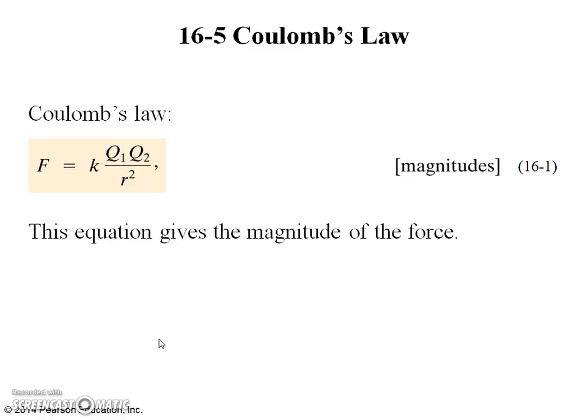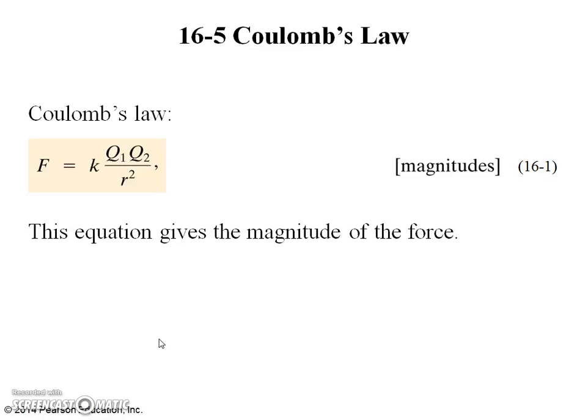Thus, Coulomb concluded the magnitude of the force F that one small charge exerts on a second one is proportional to the product of the magnitude of the charge on one, Q1, times the magnitude of the charge of the other, which we'll call Q2, and inversely proportional to the square of the distance r between them.